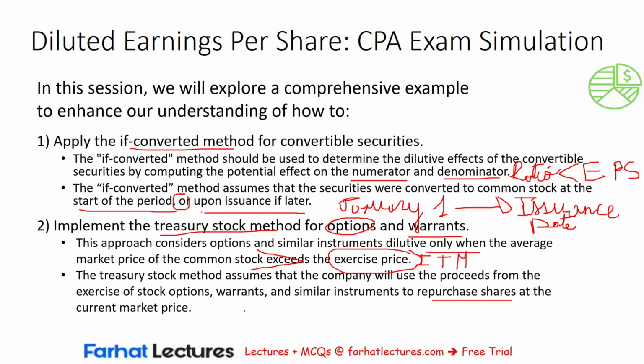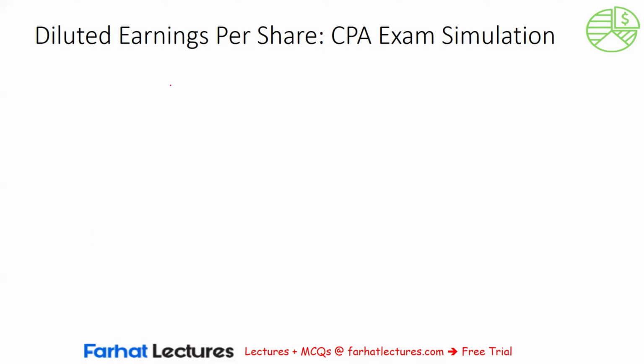And bear in mind that the additional number of shares that will be added to the denominator of the diluted EPS will not be the number of shares exercised, but it's the difference between the number of shares exercised and the number of shares that are assumed to be repurchased. These all are assumptions. So assumed to be exercised minus assumed to be repurchased at the average market price. Let's go ahead and get started.